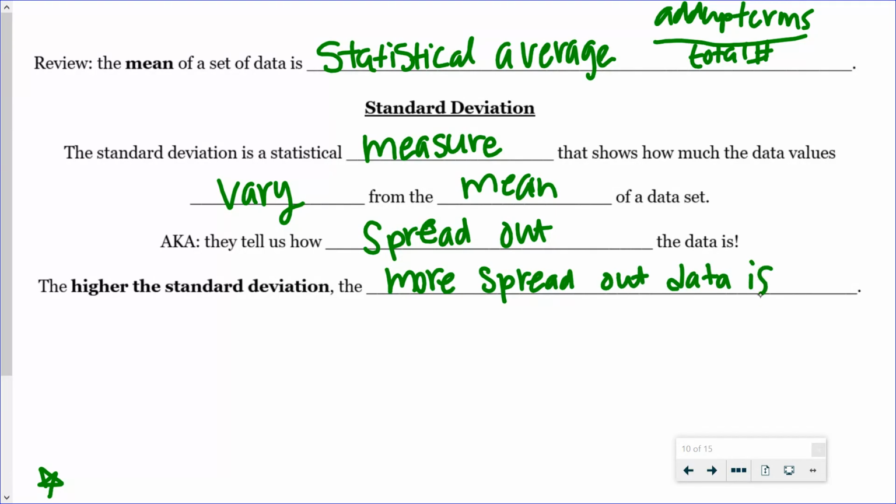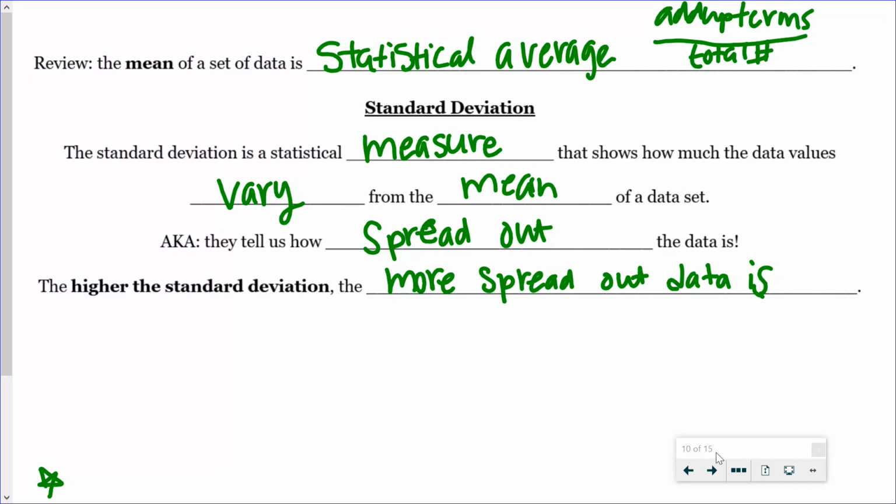And we'll talk a little bit in the coming weeks about whether it's beneficial to have spread out data or not spread out data. But the higher the standard deviation value, the more spread out the data is. Okay?